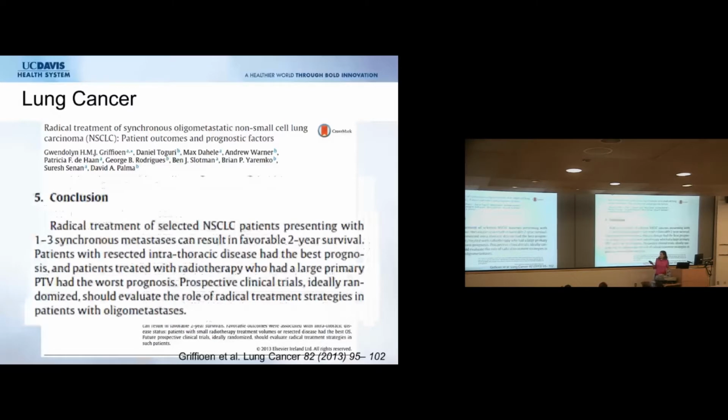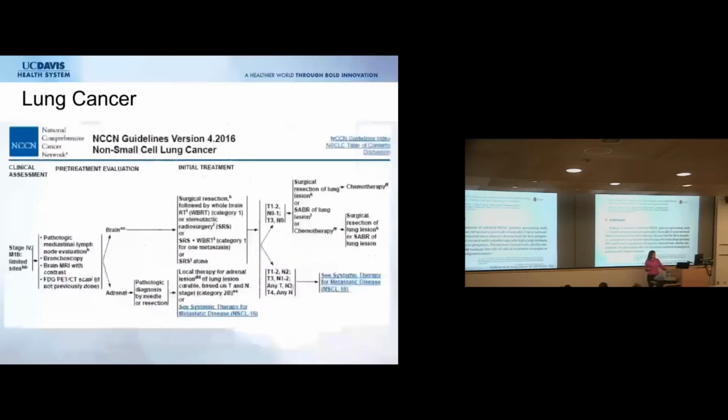And the patients did great. They found that for synchronous metastases, treating everything results in favorable 2-year survival. Now, that's a short survival, but it's likely due to the fact that people wanted to get these results out there, okay? So I think we're going to see more and more of this in the future.